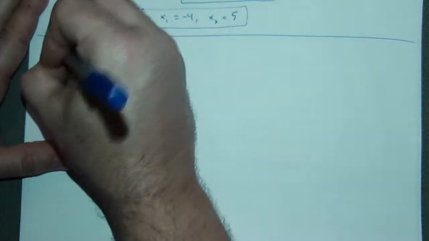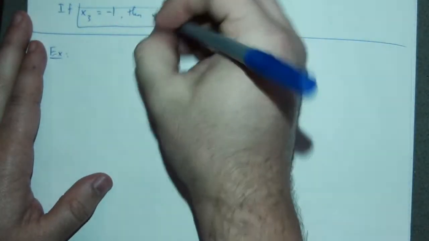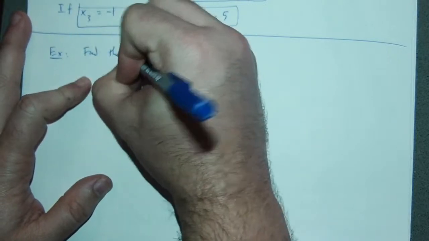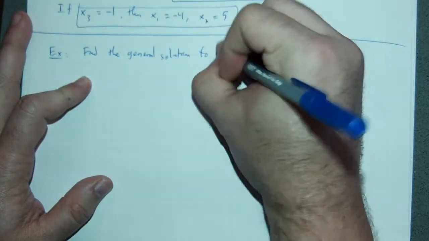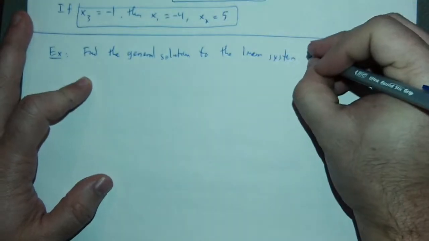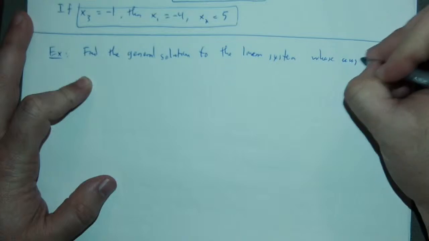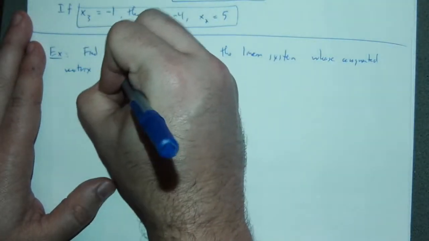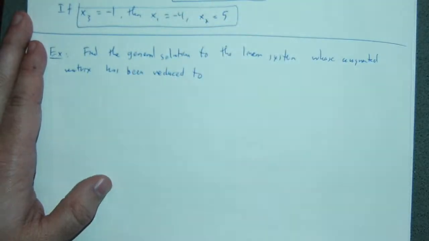here's an example. Find the general solution to the linear system whose augmented matrix has been reduced to the following.